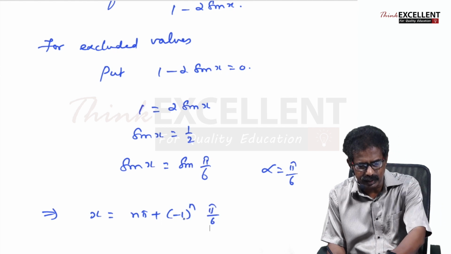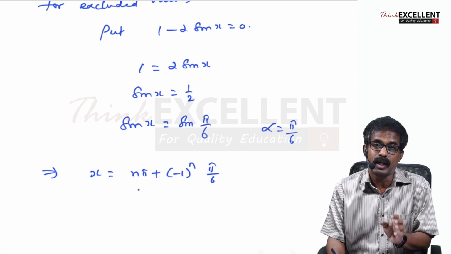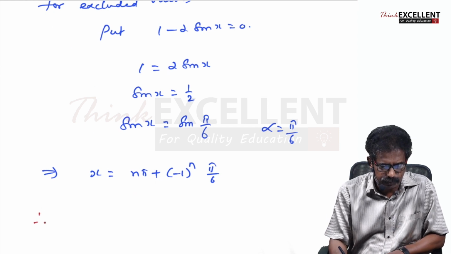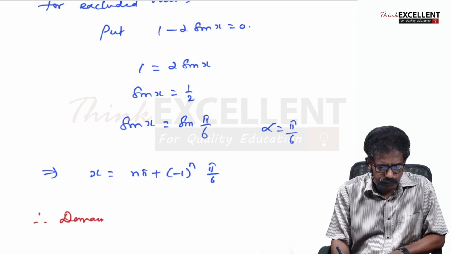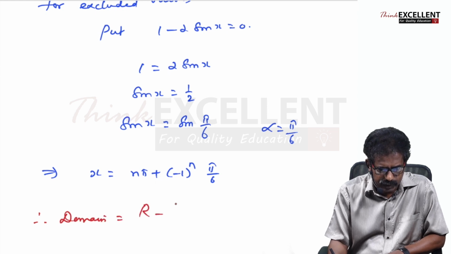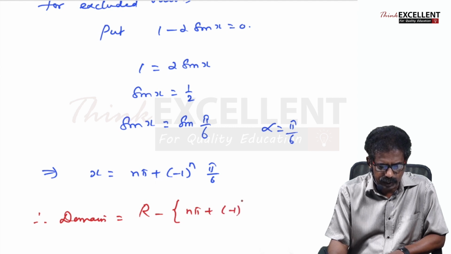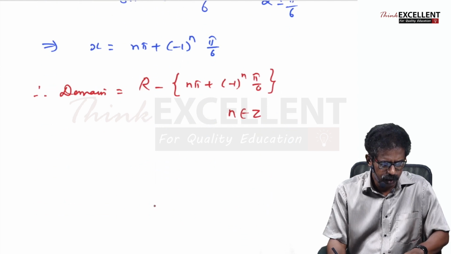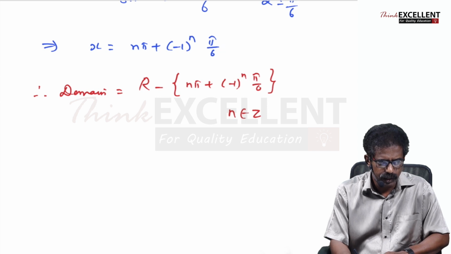That formula we are using here, and this value has to be excluded. Therefore domain equal to R minus n pi plus minus 1 raised to n into pi by 6, where n belongs to Z. So it's very simple. Once you understood, you can do it very easily.